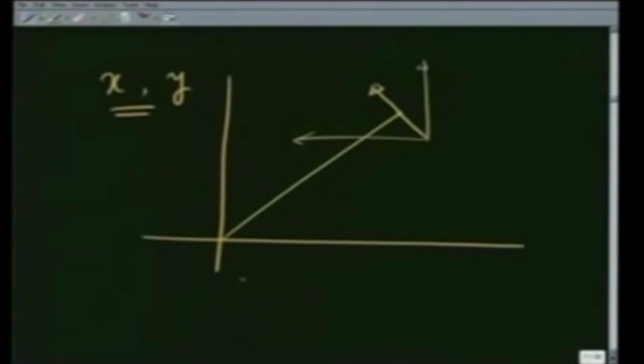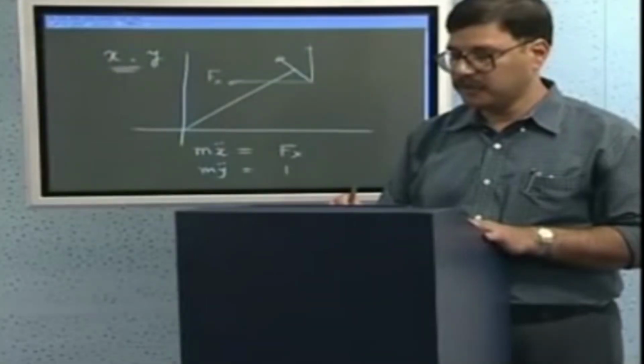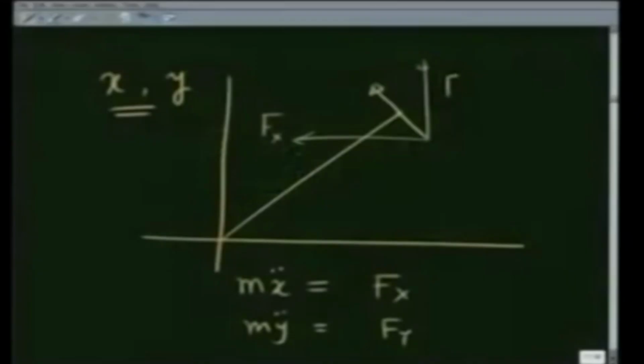Therefore, the equations you will end up writing would be m x double dot is equal to f x, the component of the force in this direction, and m y double dot is equal to f y, this component, and solve these with respect to time. F changes with time, x changes with time. The solution is going to be slightly more complicated. So, in such situations, the use of planar polar coordinates helps us.